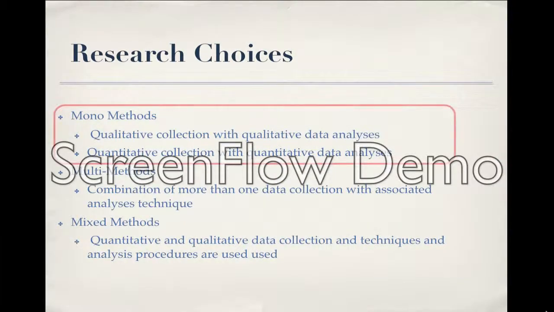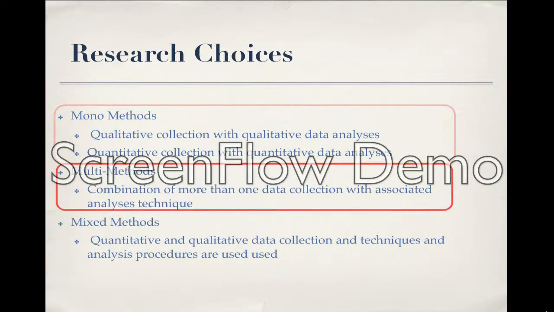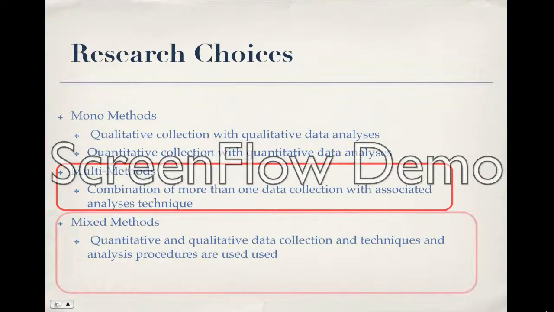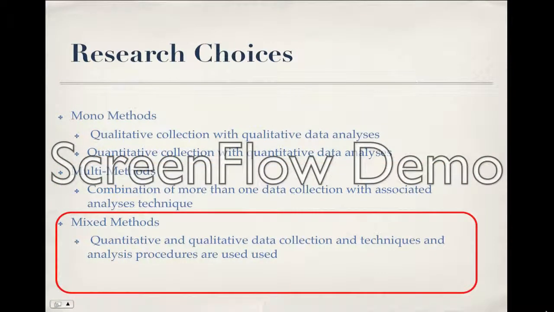You can choose to do the mono method, where qualitative collection will be only used with qualitative data analysis, or the other way around. Multi-methods, which will be a combination of more than one data collection with associated analysis techniques, or the mixed method, where quantitative and qualitative data collection techniques and analysis procedures are used.